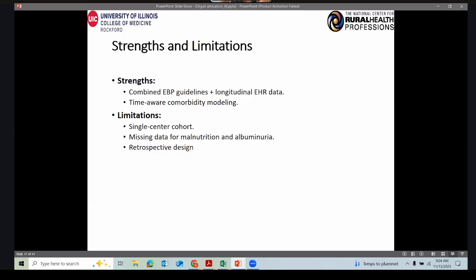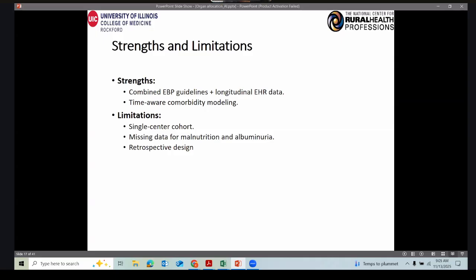This dynamic perspective is often missing in traditional MELD-based or registry-based studies, which tend to use a single time point for analysis. Incorporating these time-aware variables is important in our analysis.